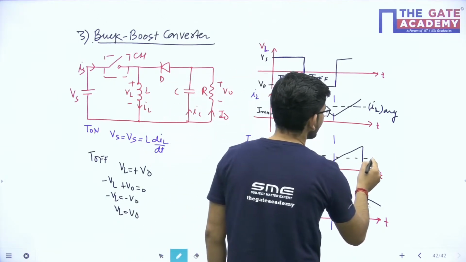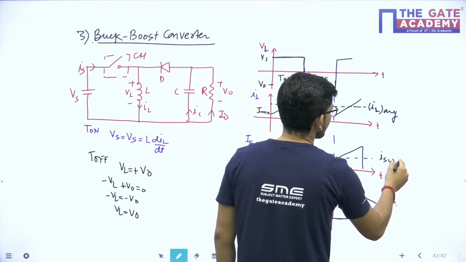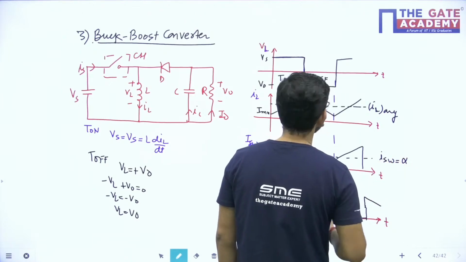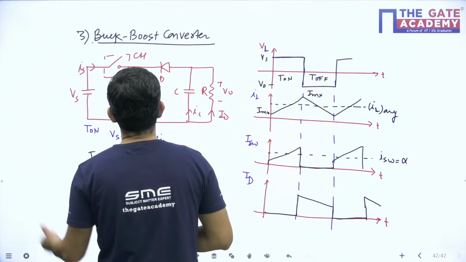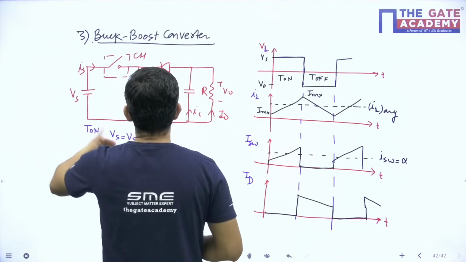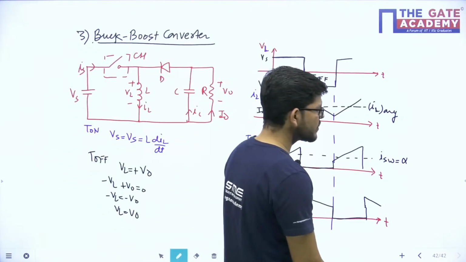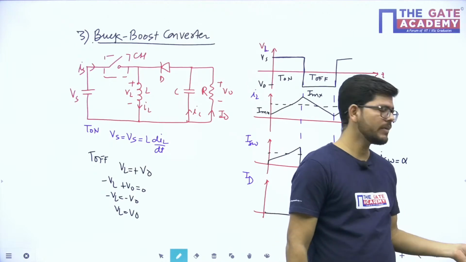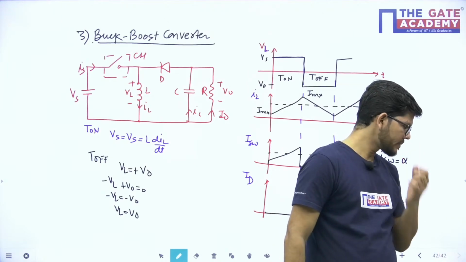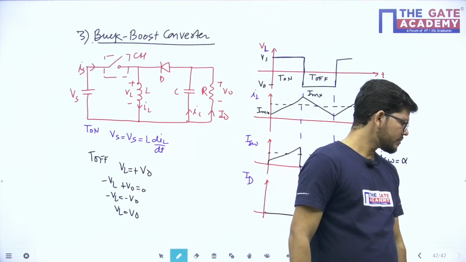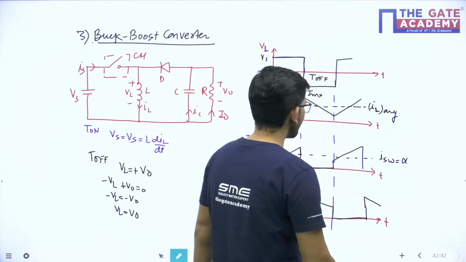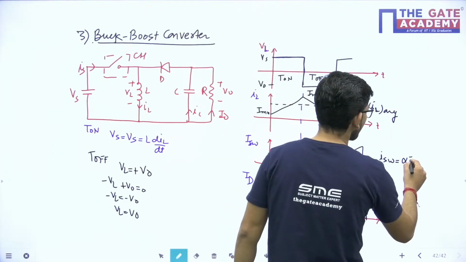Now the average of the switch current will be equal to what? Alpha times which current? Tell me, alpha times which current? Alpha times IL average, that we are doing everywhere.